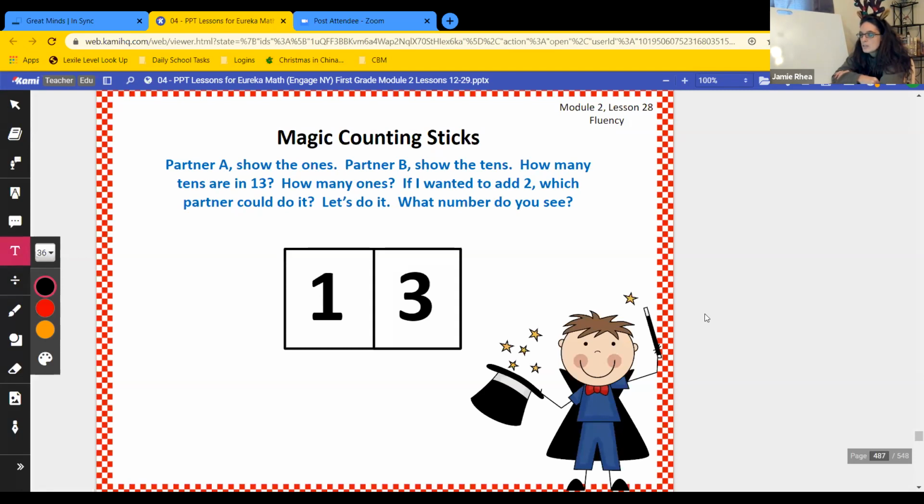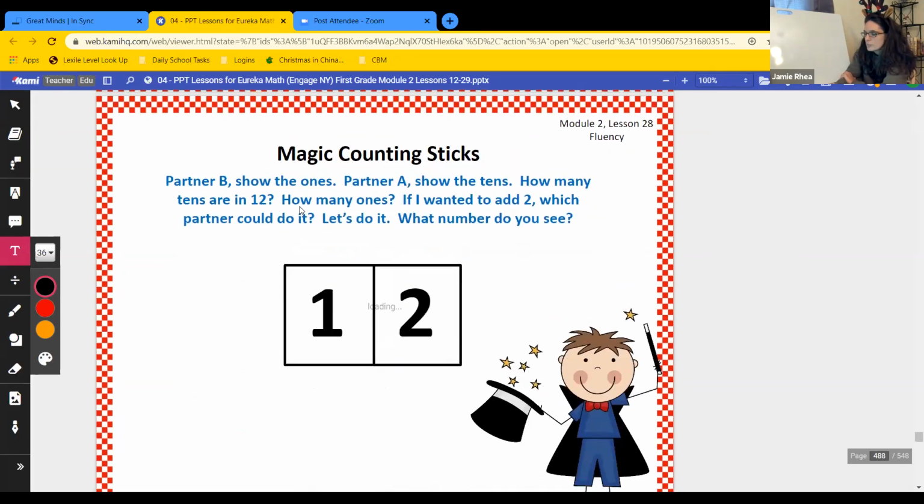If I ask you to say it the say 10 way, you would say 10, 3. If I asked you how many tens, you would say there's 1 10. If I asked you how many ones, you would say 3 ones, okay? So the number is 13, 10, 3, 1 10, 3 ones.